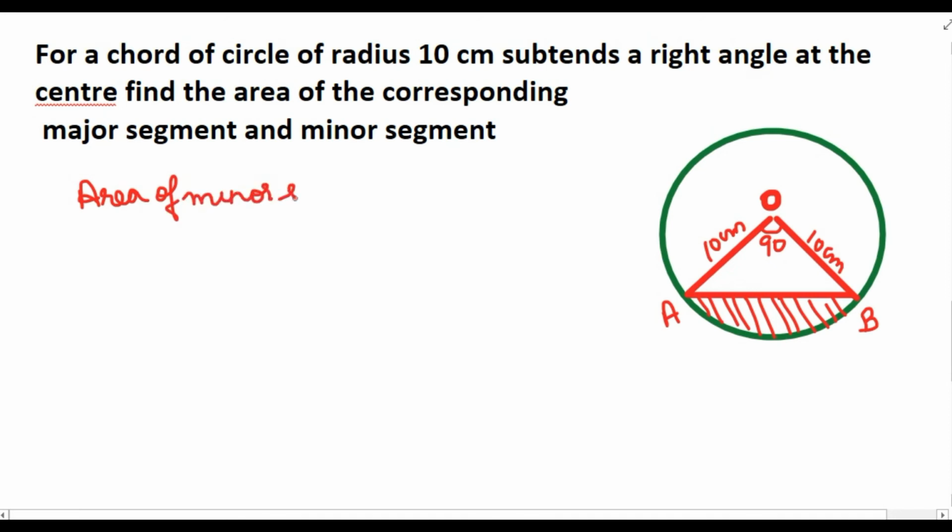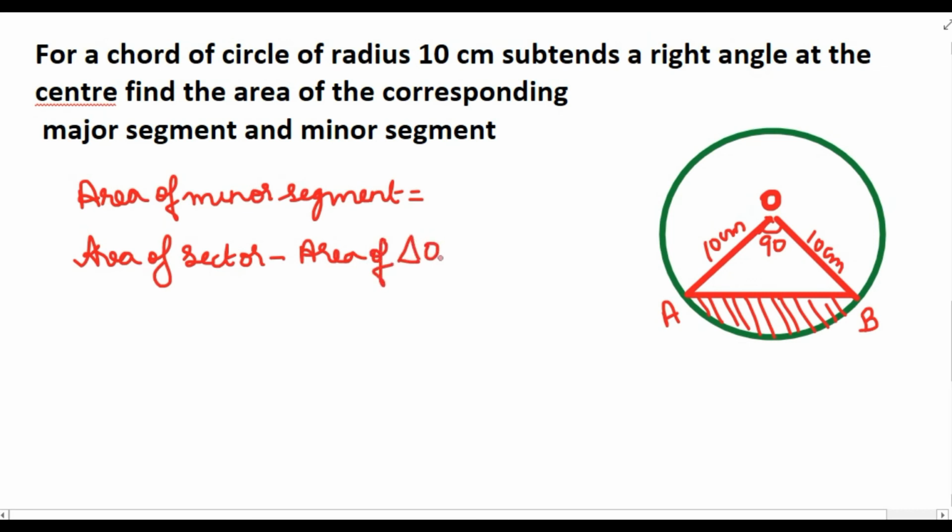Area of minor segment is area of the sector OAB minus area of the triangle formed between the chord and the radius, that is area of triangle OAB.